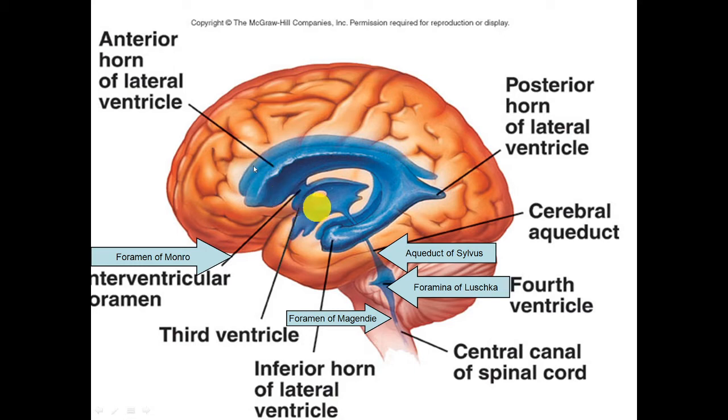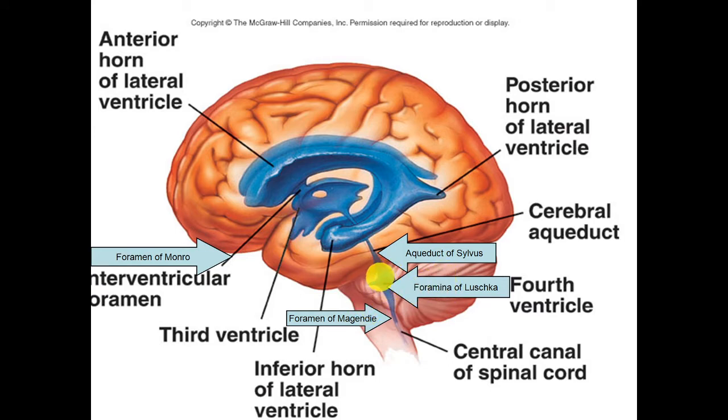The third ventricle, so these are ventricles 1 and 2. You don't have to call them 1 and 2, just call them lateral ventricles. But they are connected by this central ventricle called the third ventricle. The third ventricle is then connected to this ventricle that's between our brain stem and our cerebellum.